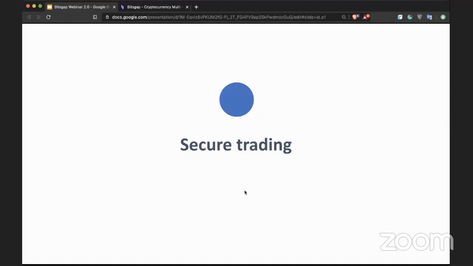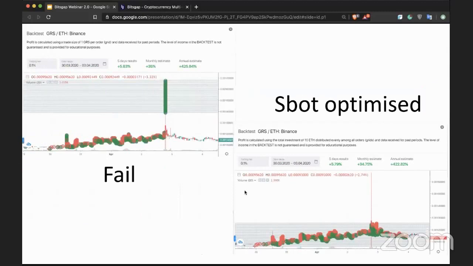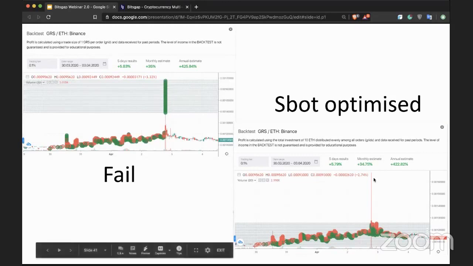So what about the security? As I mentioned, SBot has this option, optimization. Almost each time, the price has a significant surge, SBot avoids such cases.